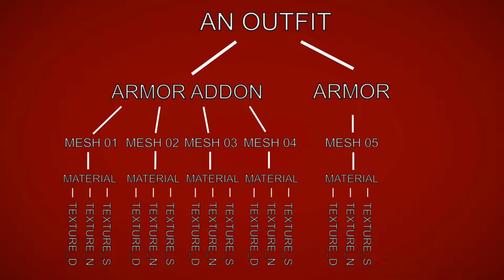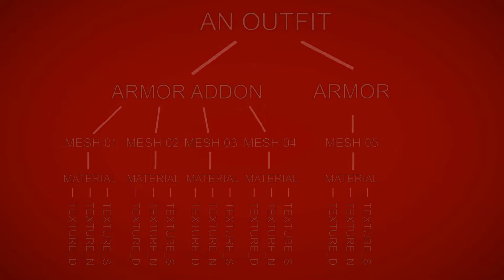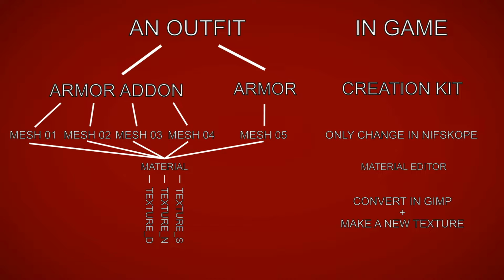All of these meshes share the same material, and the material is made from 3 textures, so eventually we get this. Now we want to make a new outfit because we want to put a logo on an already existing outfit. So this means that we have to change the textures of this already existing outfit, which is all the way at the bottom. But lucky for us, we only have to change the D texture, and we don't have to change the other textures.